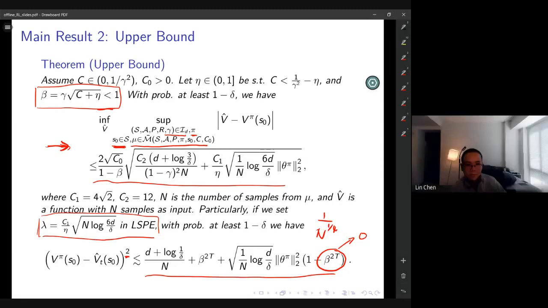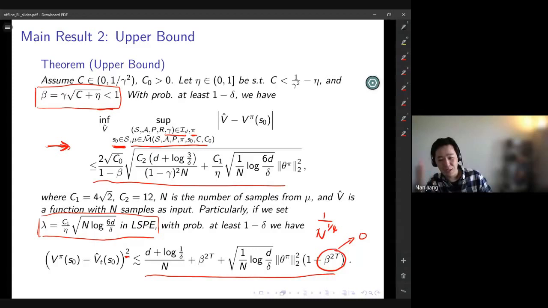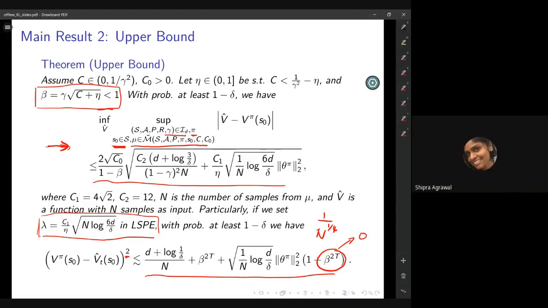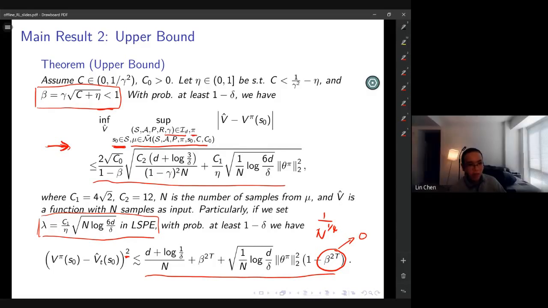I assume the first result is essentially proved as a corollary of the second result. Actually, yeah, you're right. We get the first inequality from the second inequality.